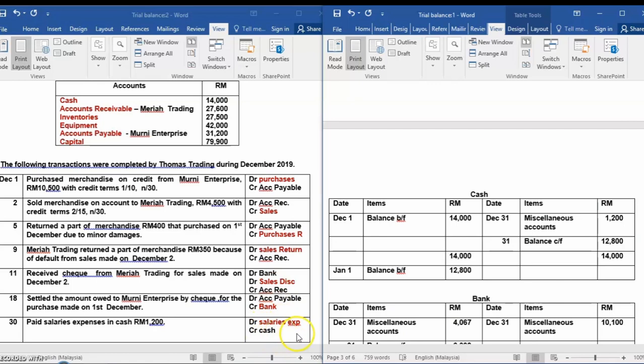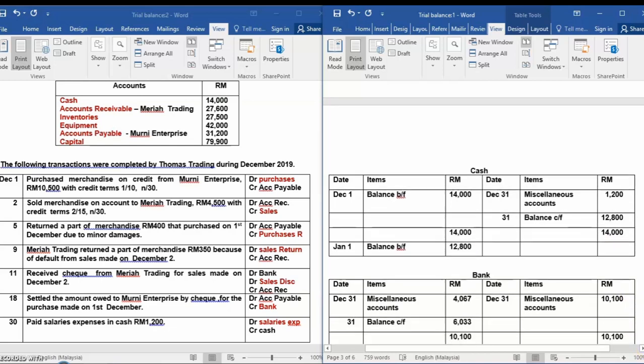We have paid for salaries expenses, and we have to close the account, debit and credit with the same amount, and the different amount represents the balance carried forward, and we bring it to the next month. So this amount is in the debit side. We have to record it in the trial balance debit side.